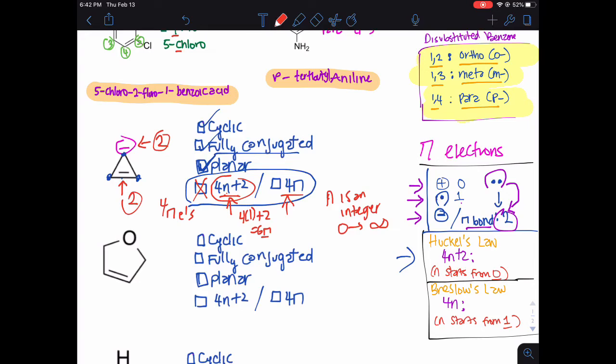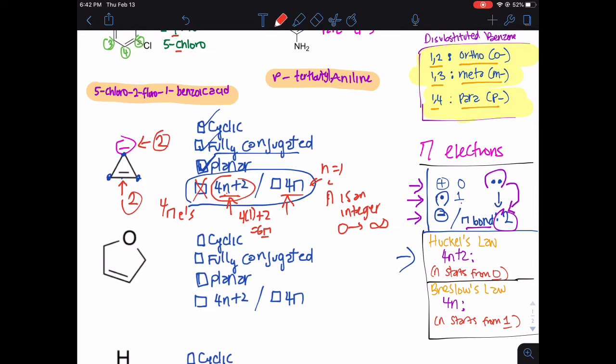Let's see if it fits under 4n. So for n, if we put 0 for n, that wouldn't make sense because that would just mean 0 pi electrons. That means it wouldn't have been conjugated to start with. But if we put 1 for n, if n equals 1, that would mean that we have 4. And in this case, we do have 4 pi electrons, right?